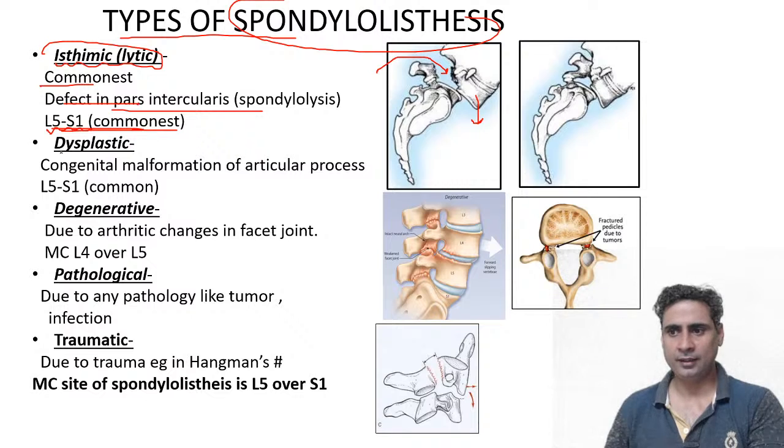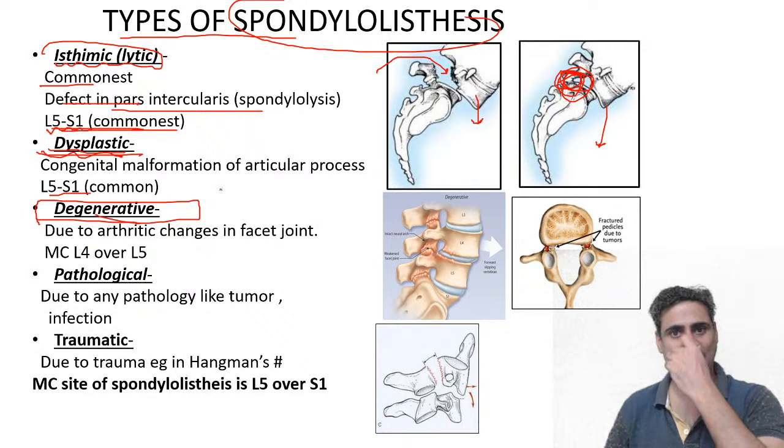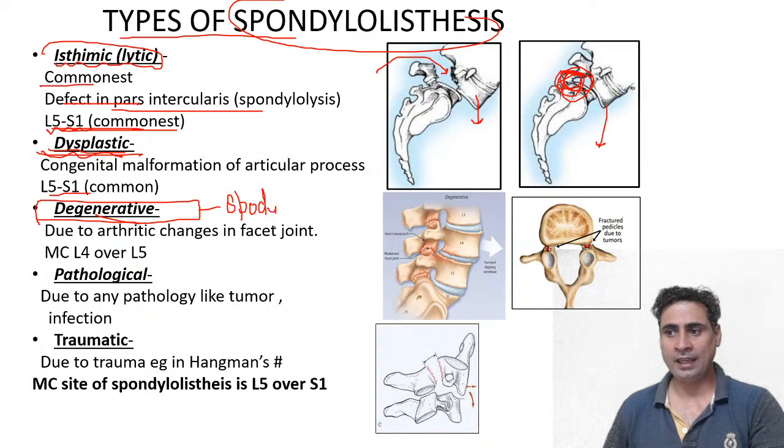The second type of listhesis is dysplastic. There are dysplastic facet joints at L5-S1 level. Here, these joints are dysplastic, leading to instability and spondylolisthesis. So there is defective development of joints. Now, the third type is degenerative. As the name suggests, it is spondylolisthesis developing in a spondylotic spine, where there are primary degenerative changes in facet joints.